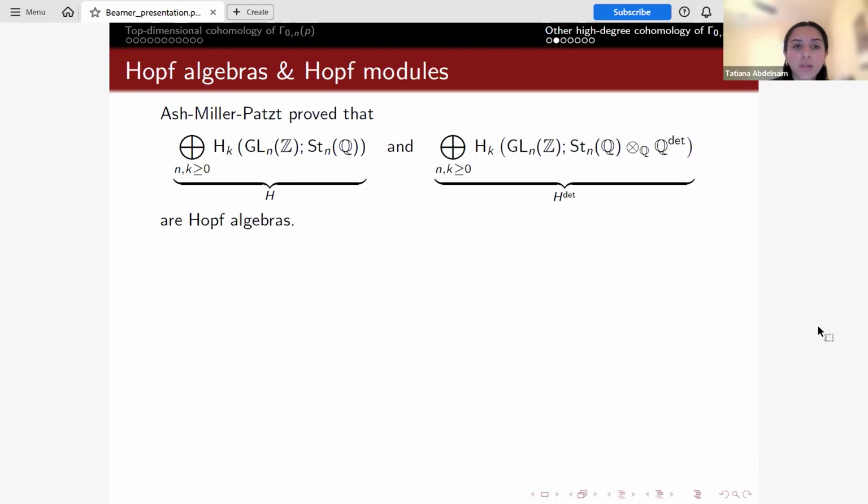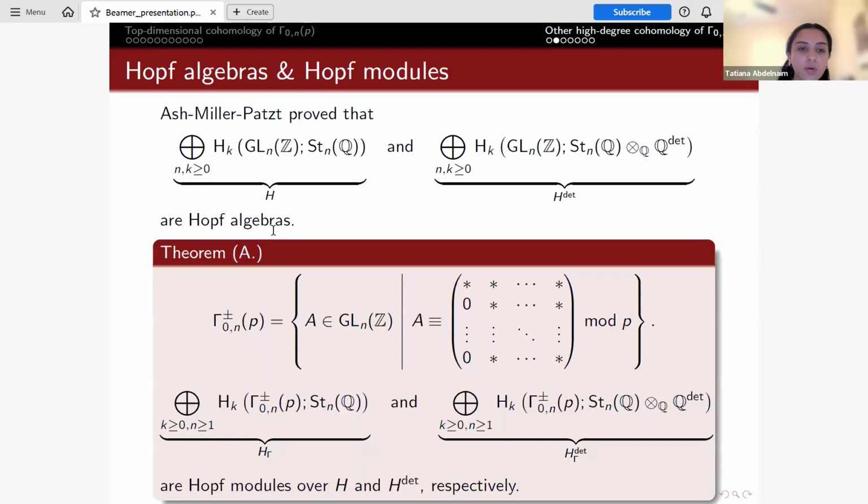So Ash, Miller, and Pabst proved that if you take the direct sum of homology in degree k of GL and Z with Steinberg coefficients, and if you take the direct sum with Steinberg coefficients tensor a determinant representation, I'm going to call this H and this H determinant. So now they show that these two are Hopf algebras.